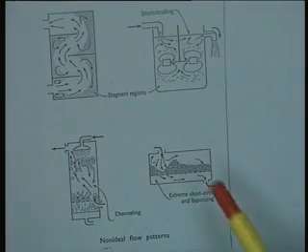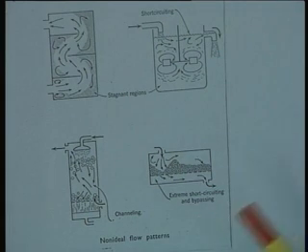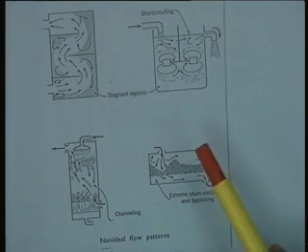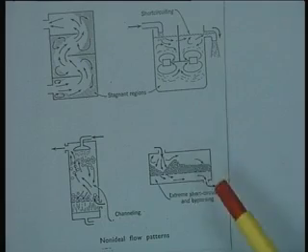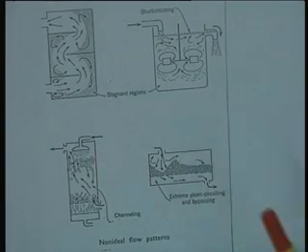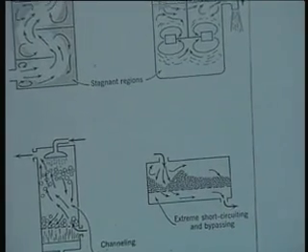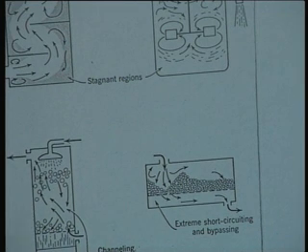Then there might be short circuiting; something like channeling or bypassing can also take place in the case of a stirred vessel, whereby you get some kind of non-ideality. In all these situations the performance of the reactor is lowered compared to what we expect from the analysis in the case of an ideal fluid flow pattern.